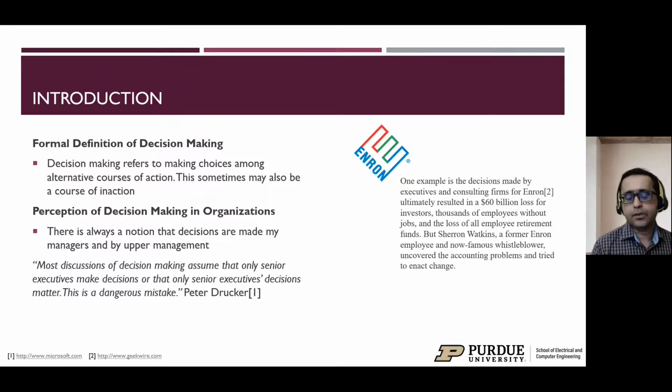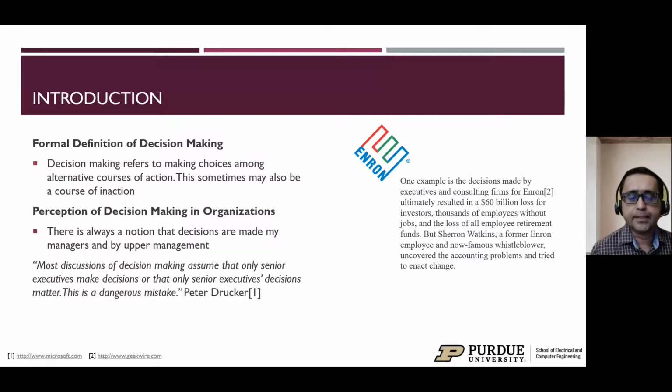One of the negative examples of bad decision making was the famous Enron decision, which resulted in a $60 billion loss to investors. Only when they uncovered the problem did they realize how the financial losses were being hidden in the accounting process of the organization.